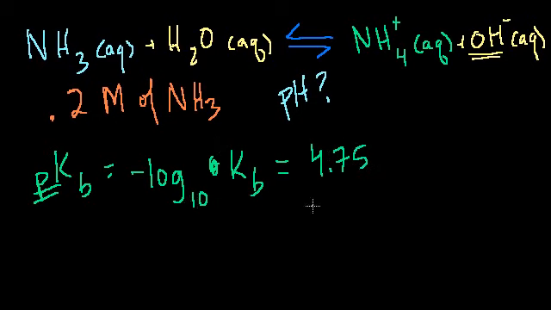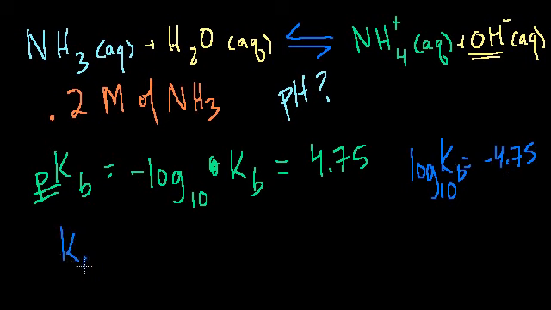So we can do a little bit of math here to solve for the equilibrium constant. If we multiply both sides by negative, you get log base 10 of our equilibrium constant for this base reaction, that's why the B is there, is equal to minus 4.75. Or 10 to the minus 4.75 should be KB.